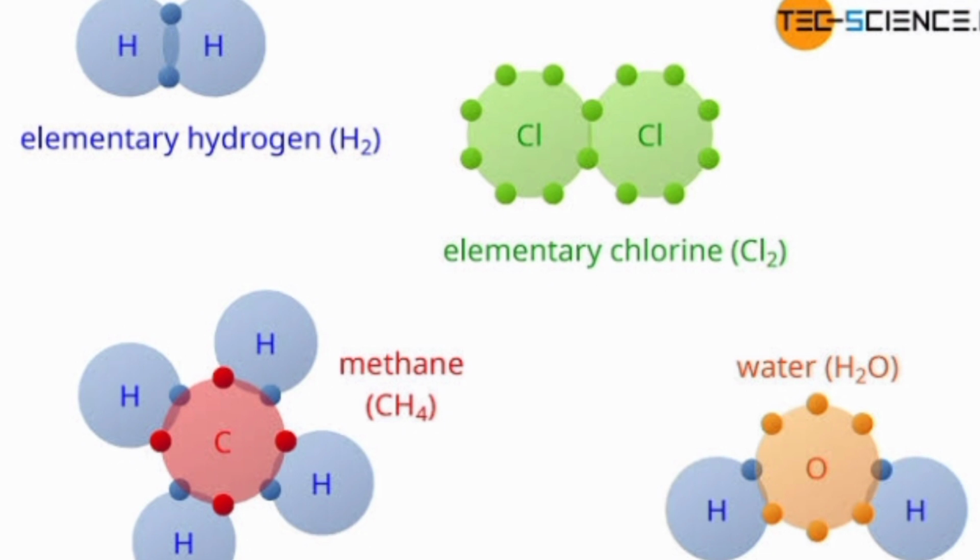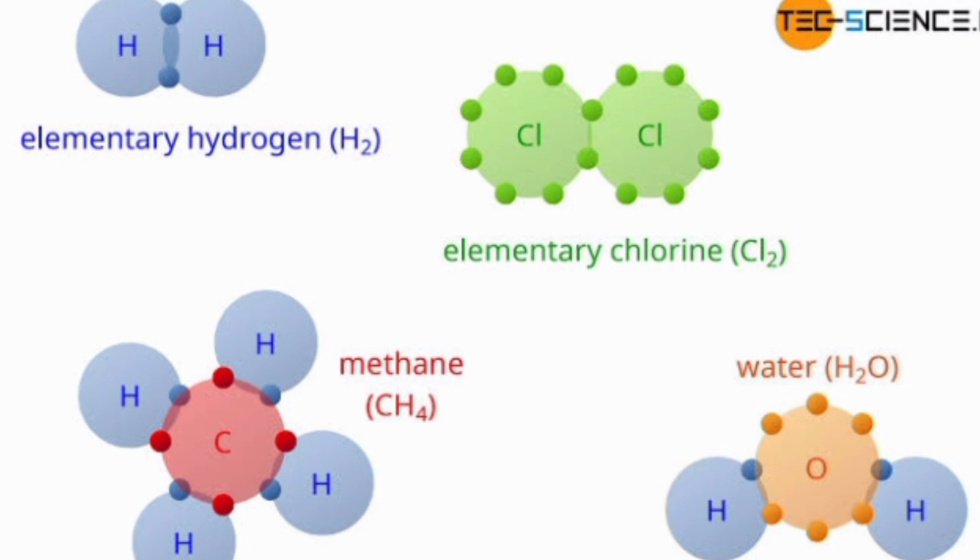It's one molecule of chlorine. The third one is the combination of one carbon atom and four hydrogen atoms. It's a compound because it's a combination of different atoms.